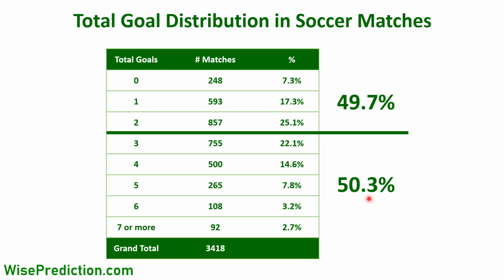And in 50.3% of the matches, we've seen more than 2.5 goals at the end of the match. So as you see, it's kind of 50-50, which makes the problem difficult because the 2.5 threshold is a very sensitive one. In some cases, teams make more than 2.5 goals, and in other cases, fewer than 2.5. But statistically, roughly half of the matches have had more than or less than 2.5 goals so far.